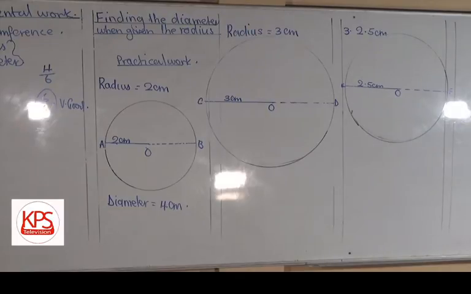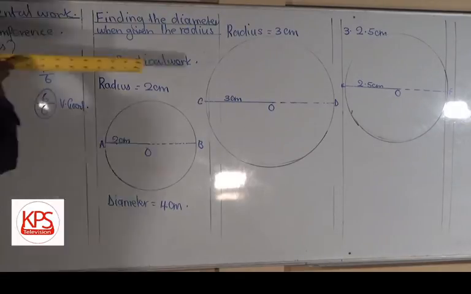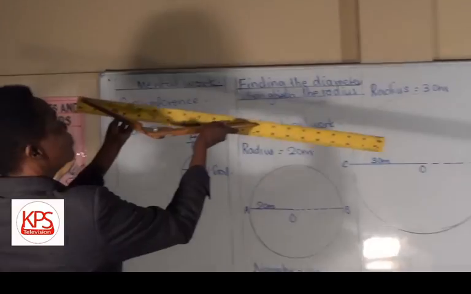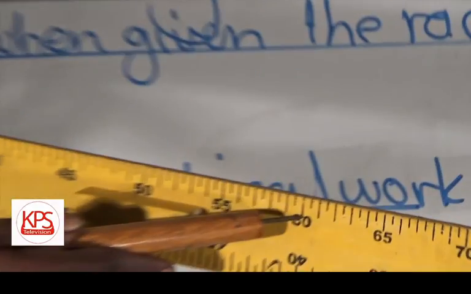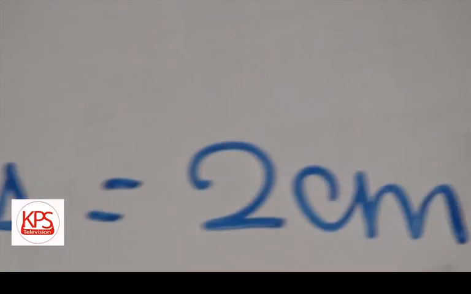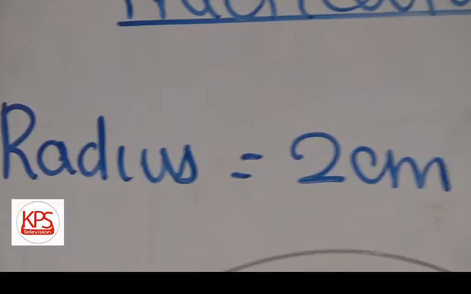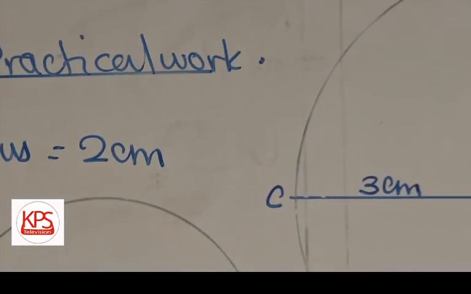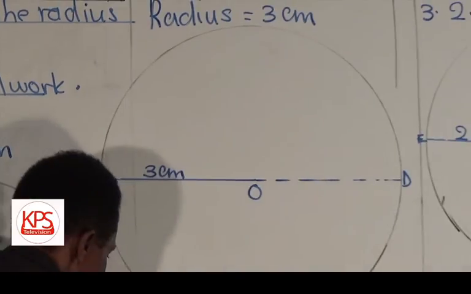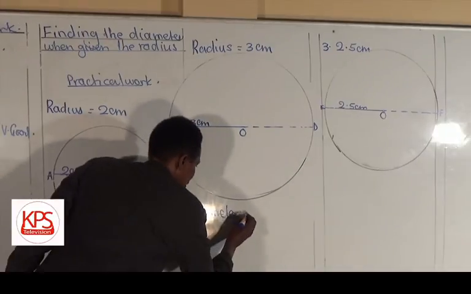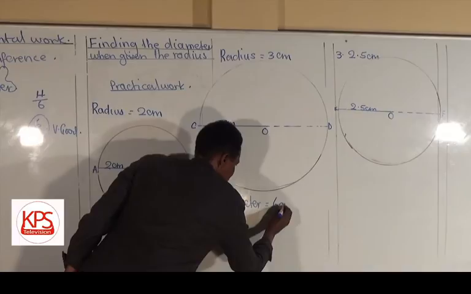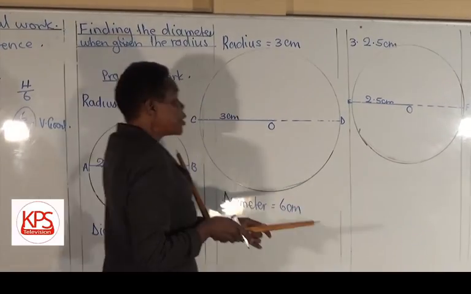It has given us 6 centimeters. I believe you are able to see it properly. So I'm going to write that one down. The diameter equals 6 centimeters.